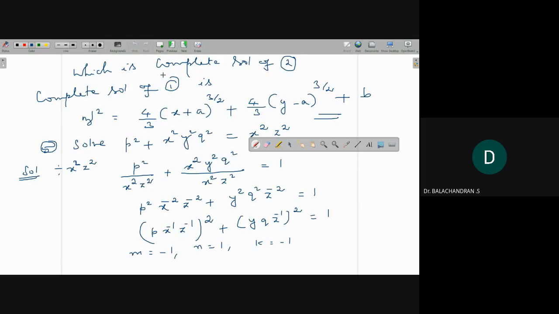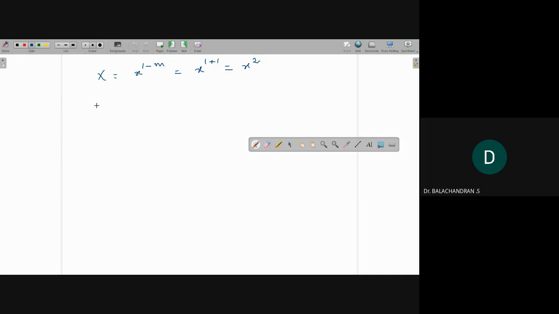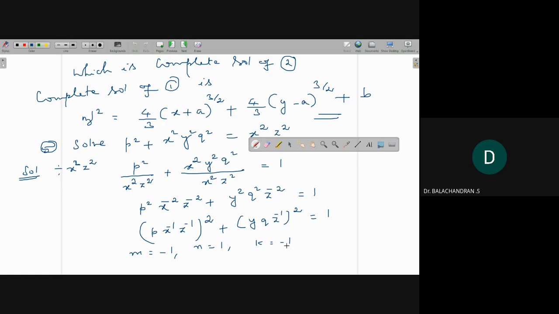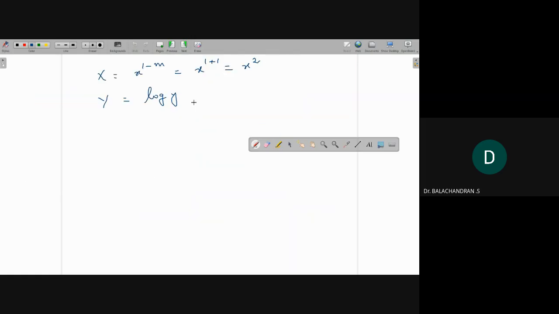Next, n is 1, so capital Y is equal to log y. Yes, capital Y equals log y. K is minus 1, so capital Z is equal to log small z.